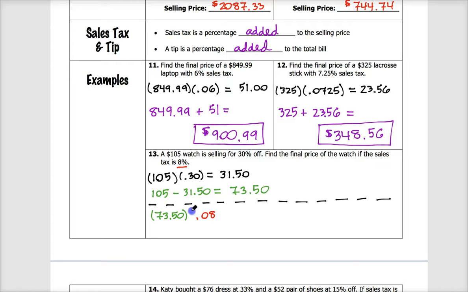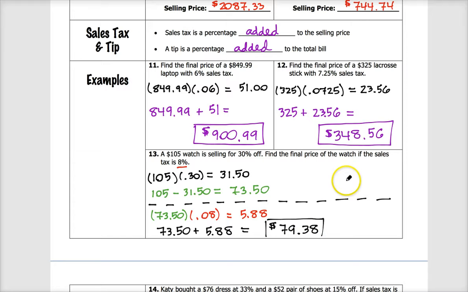So 73.50 times 0.08, and that is going to be equal to 5.88. So the final price of the watch is going to be 73.50 plus 5.88, and that is equal to $79.38.